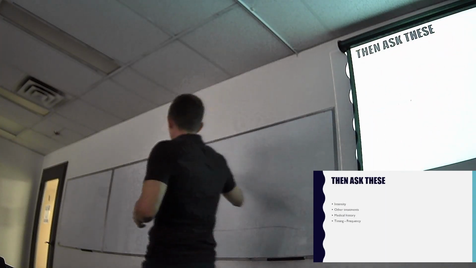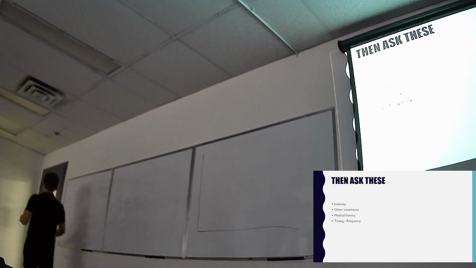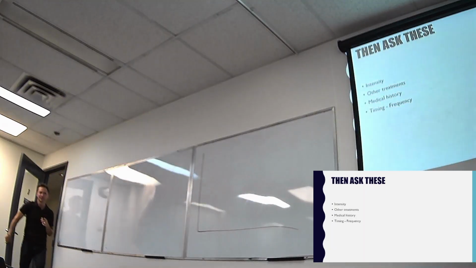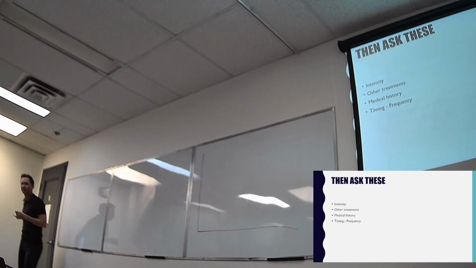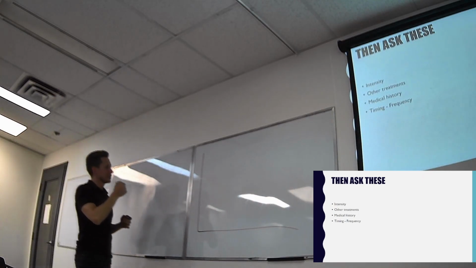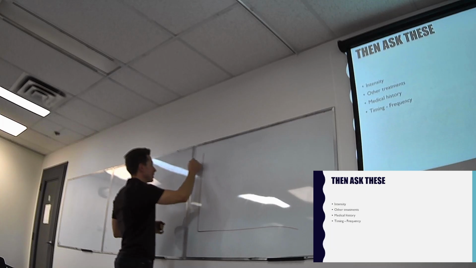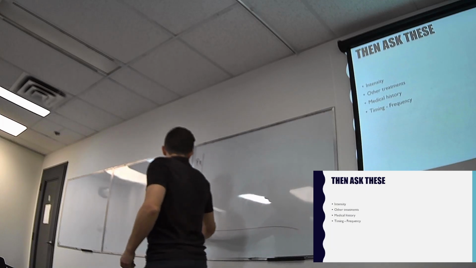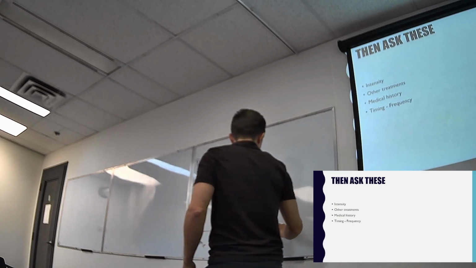All right, so here's the graph. I'm going to turn the light on so you can see this a little bit better. So on this side, this is going to be pain, and then this one is time. All right, so we got morning, that's AM, and that's PM.